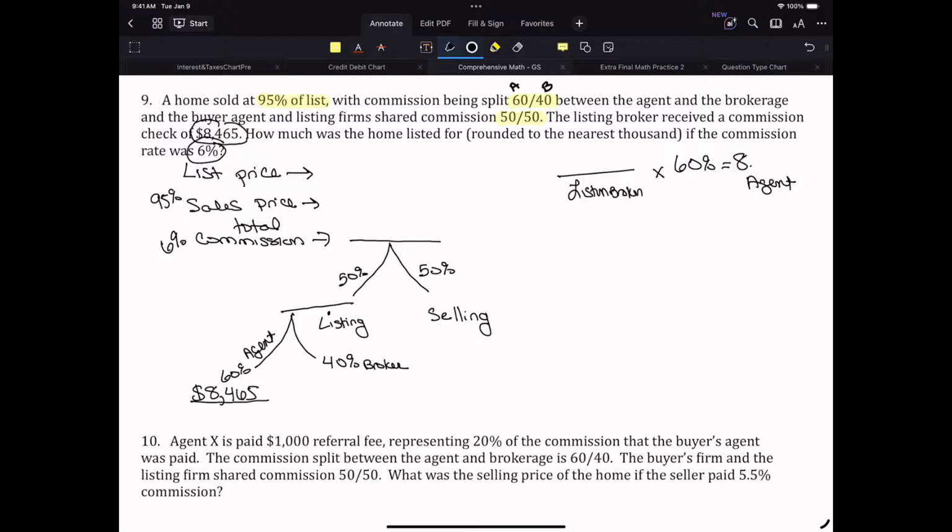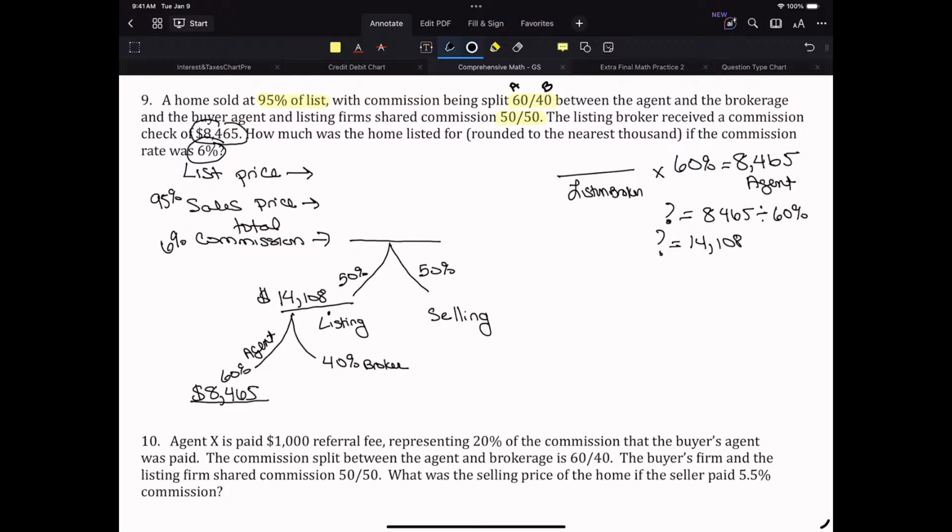So $8,465 divided by 60% gives me $14,108. The listing broker got $14,108 for their side of the commission, and then the agent got 60% of that, and the broker gets the remaining part.